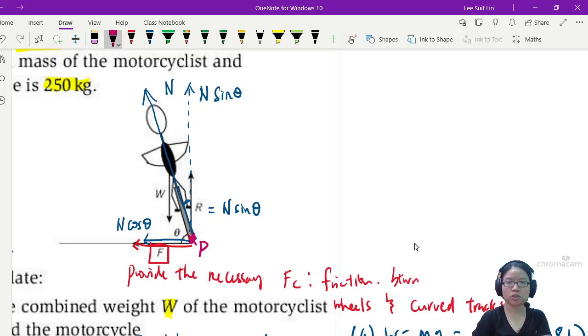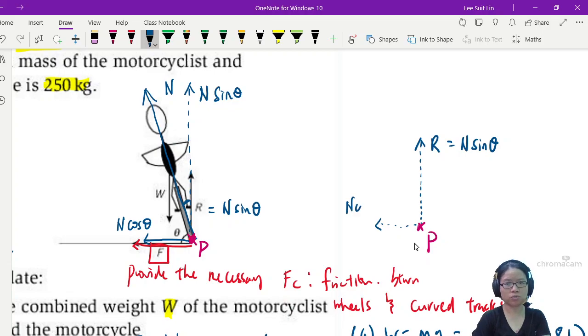If I look at the forces acting on point P, after resolving, I will have this vertical component of N, which is N sine theta or R. I will have this horizontal component of N, which is N cos theta. And I will also have the frictional force or the value of F.